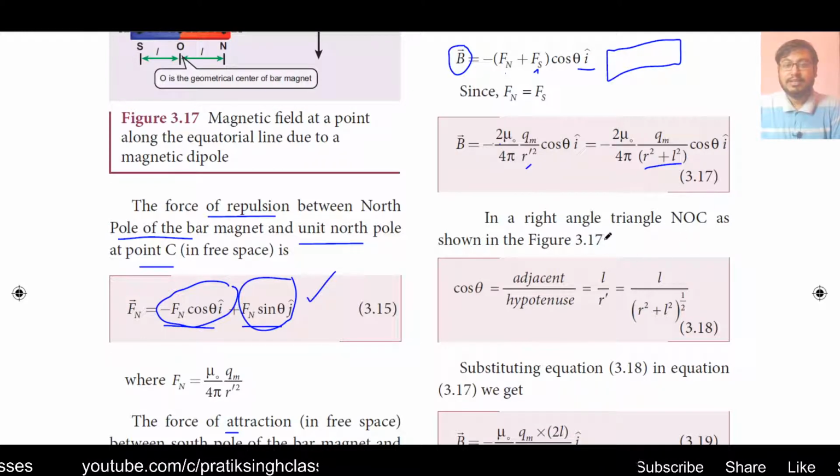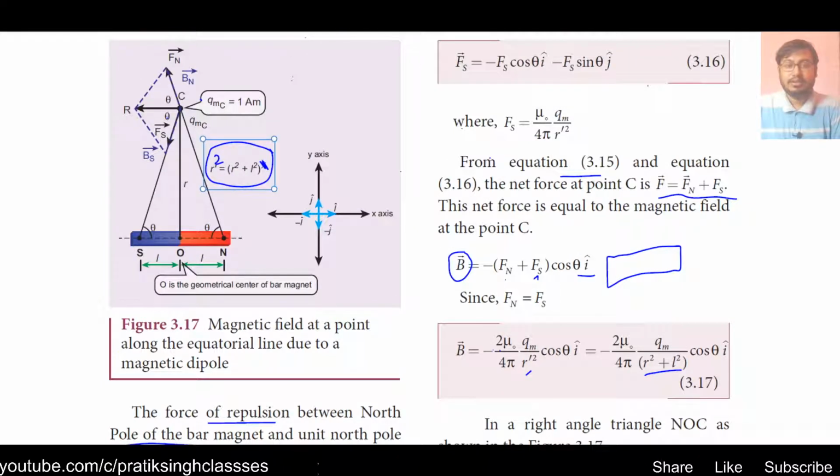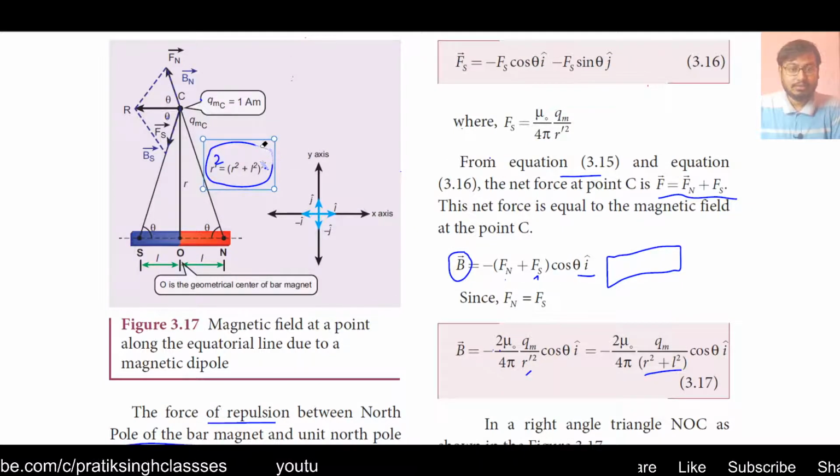In the right angle triangle NOC, again coming to figure 3.17, let me erase all the written things here for clear visualization.